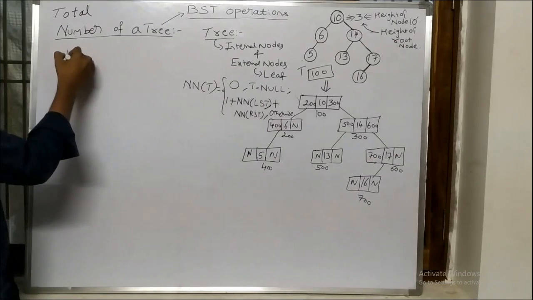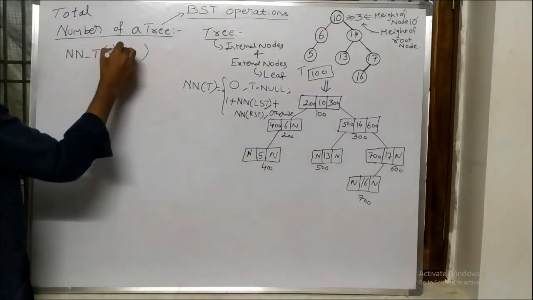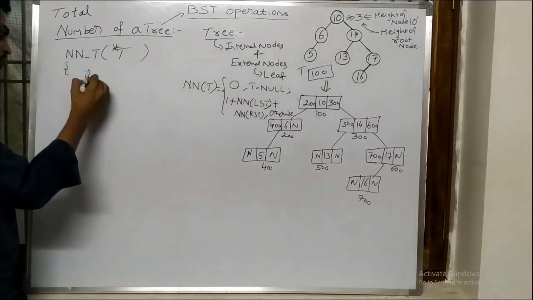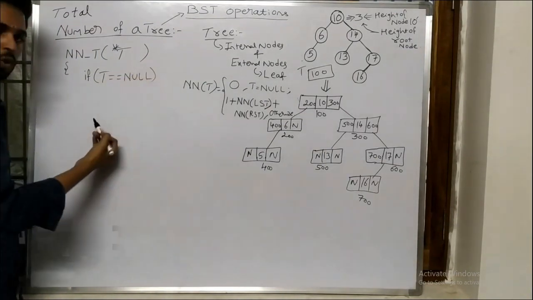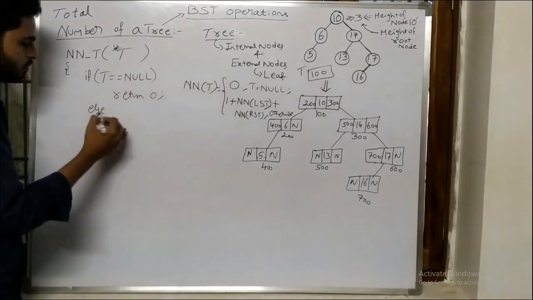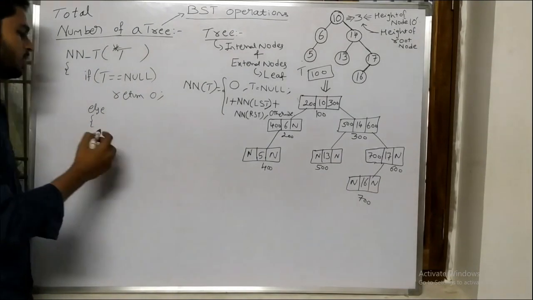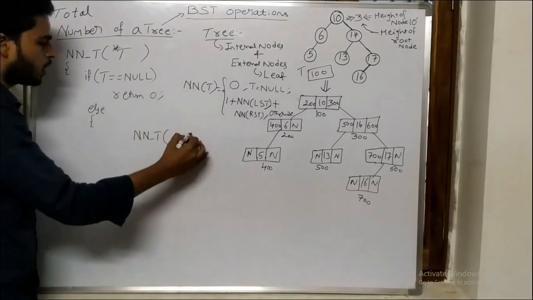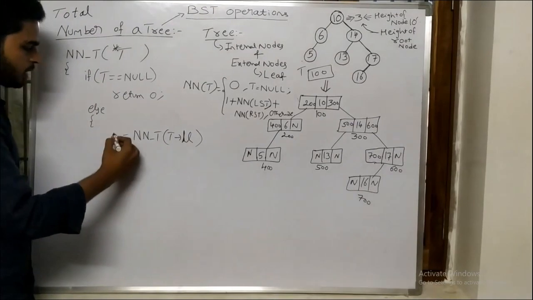So number of nodes in a tree: I am passing some address to this tree. This logic you already understood by seeing the previous video. If t double equal to null, meaning there is no node, I need to simply return 0. Otherwise, if the tree t contains some address, I am going to find the total number of nodes in the left subtree and keep that count.